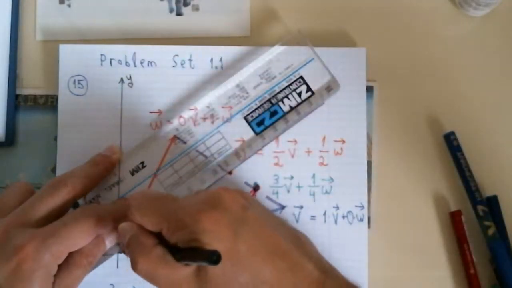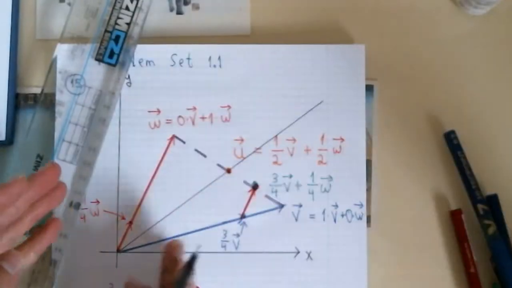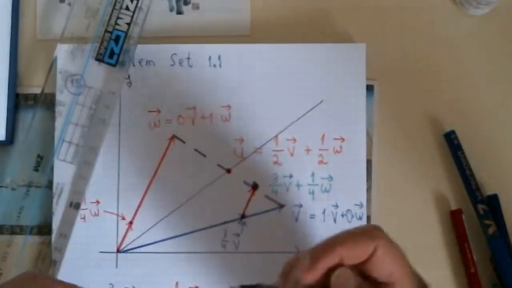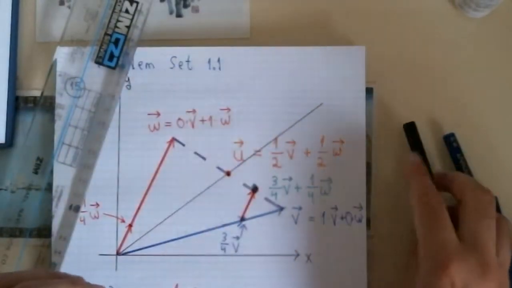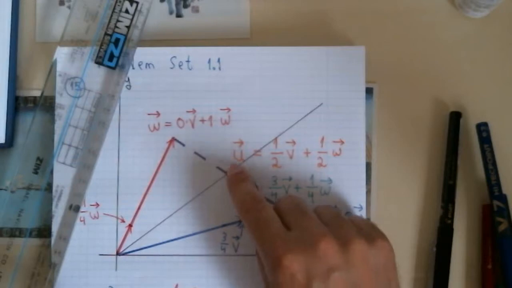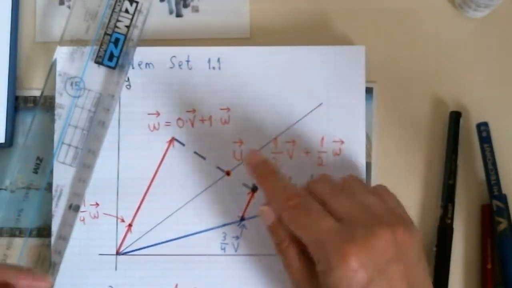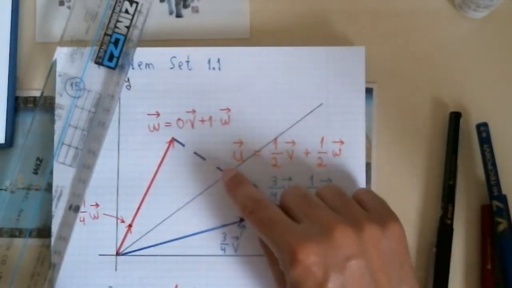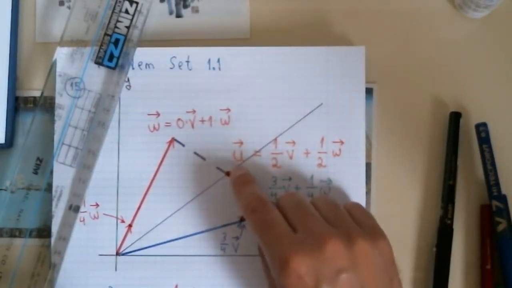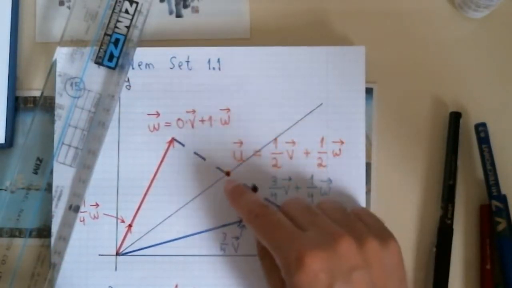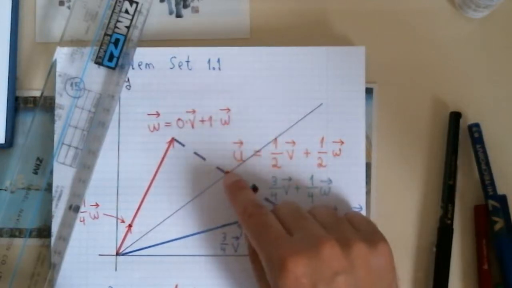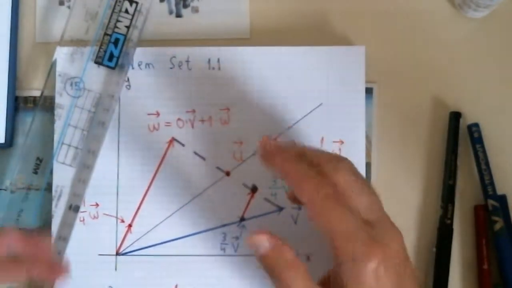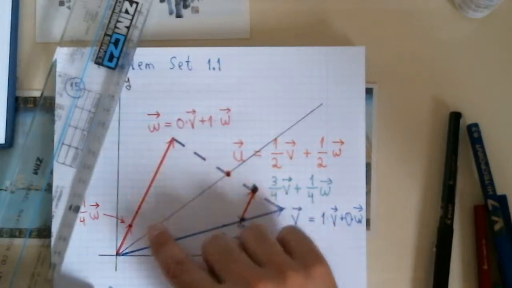This is the line exactly in between V and W. If we have half and half, then we have a whole, something that is composed of V and W. But if we have only a quarter and a quarter, then you see we don't get a whole thing, we get half a thing. So it's in the middle here.